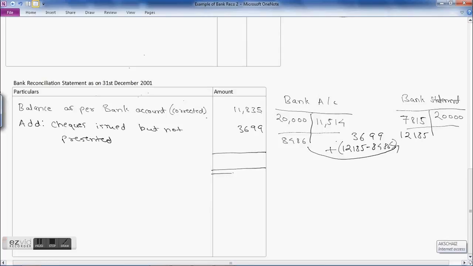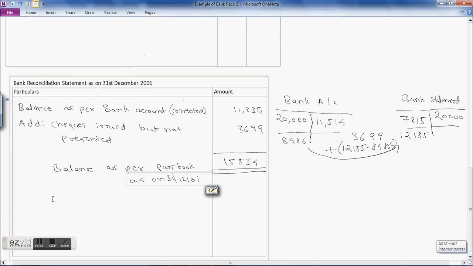There was only one reconciliation item. So your balance as per passbook is 11,835 plus 3,699, that comes to 15,534. That is the balance as per passbook or bank statement as on 31 December 2001.